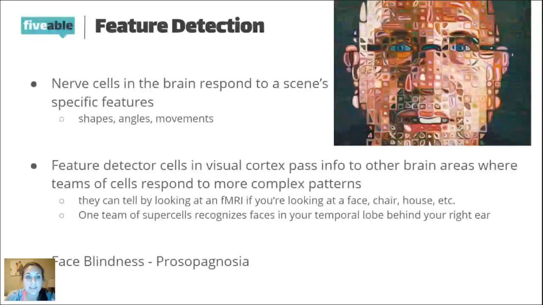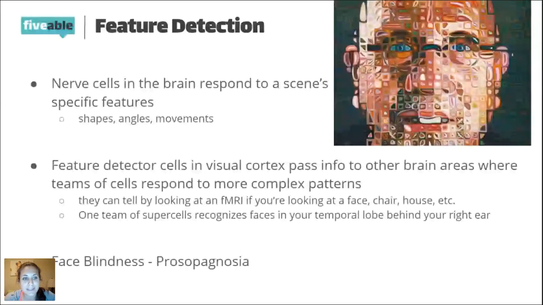They never recognize faces. So your mom, you've grown up with your mom your whole life, you know who she is, obviously. You would think that it would be hard to not recognize her face. But someone with prosopagnosia could be walking down the street past their mom and they wouldn't even recognize her. It would just be another random face on the street. If they looked in the mirror, they wouldn't recognize their own face.